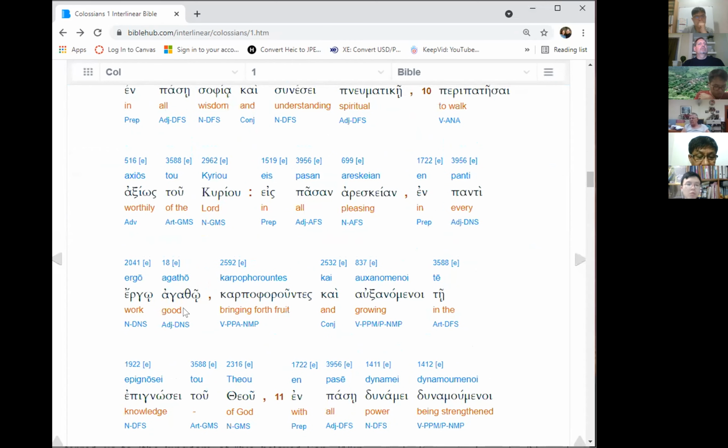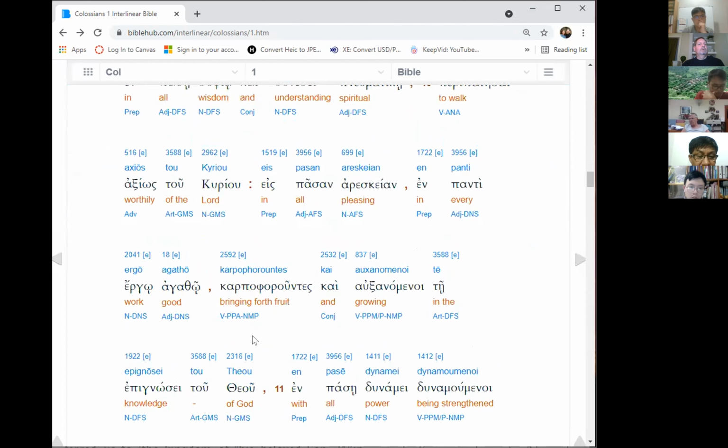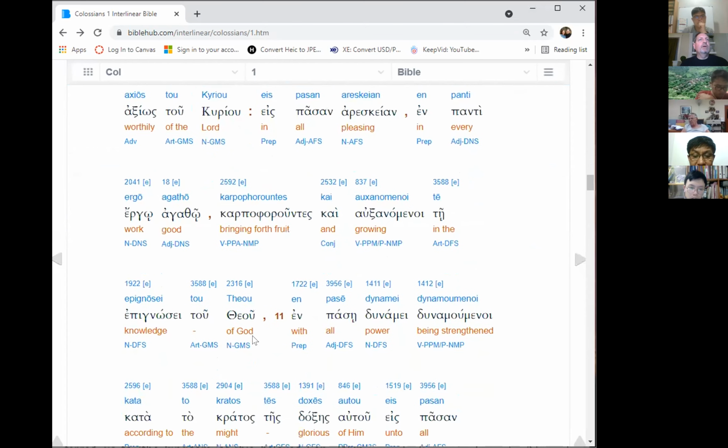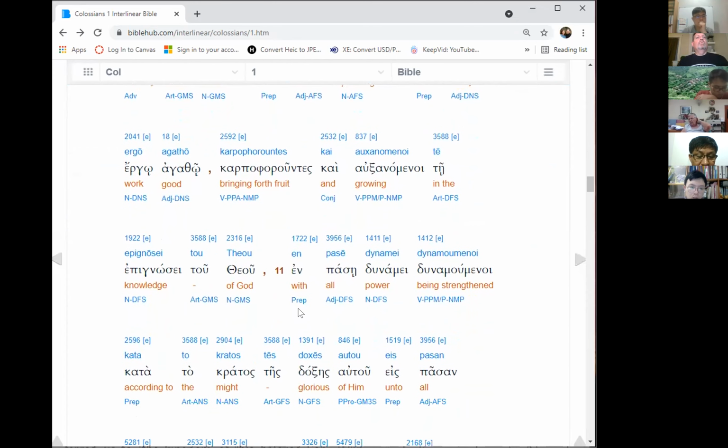Okay, if we look at verse 11, I'm sorry. With all power, and then notice this word being strengthened. Do you guys see that? We can confirm if you're not sure whether this is a participle or not. You can actually go to the interlinear and it will tell you.